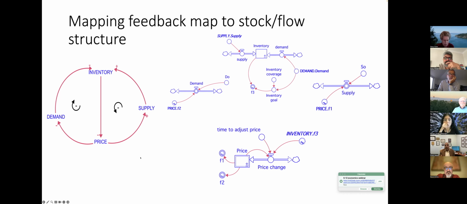So what I'm saying is that it's a challenge to connect the feedback maps with the stock and flow structure. And there's a guidance available in writings of Forrester about this. And we have to do this a little more diligently.